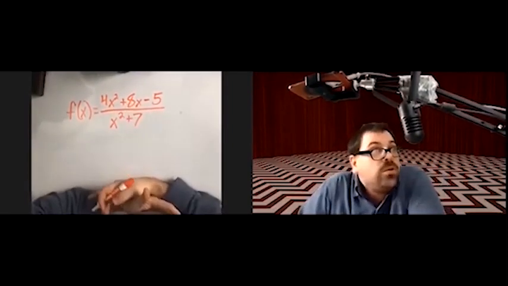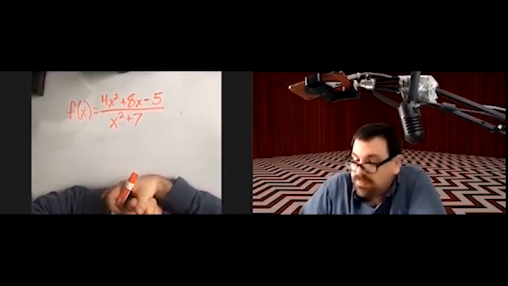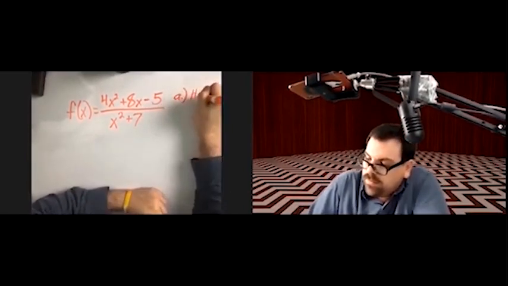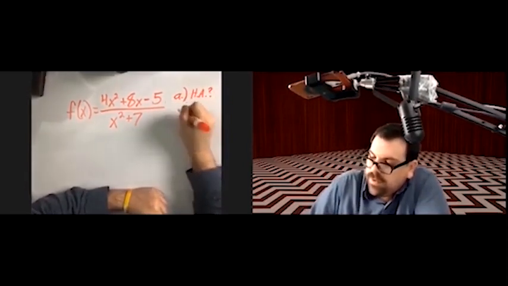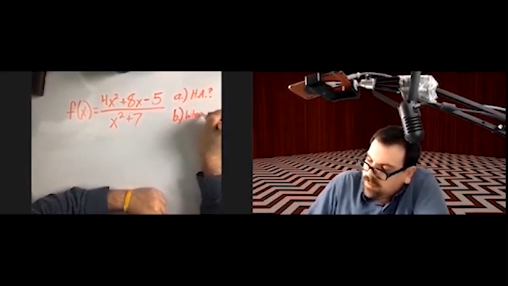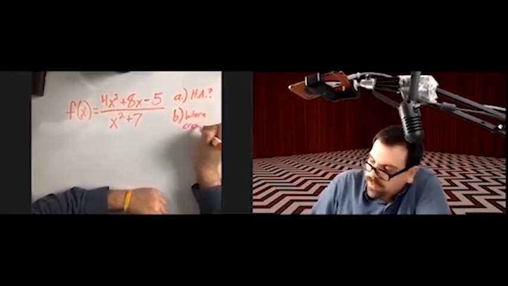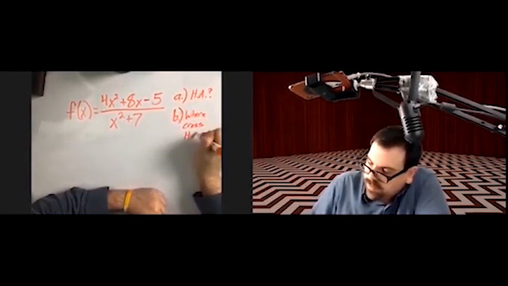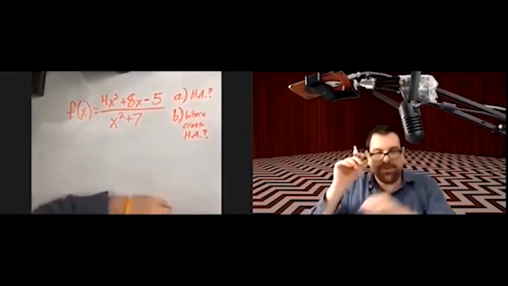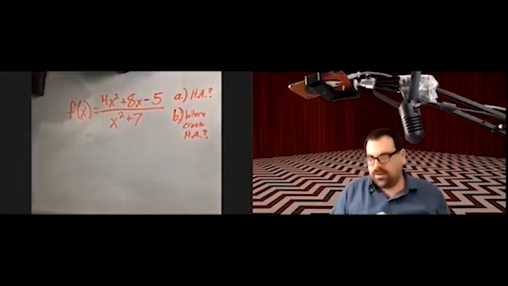We're going to find the horizontal asymptotes as part A. And for part B, where do we cross the horizontal asymptote?